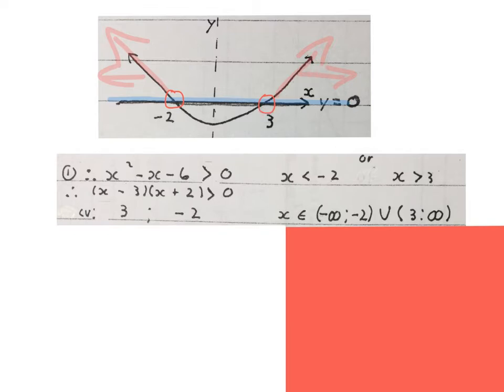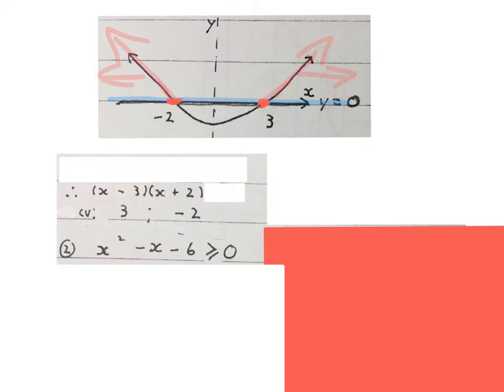So we want the part above this line where y is equal to 0. Like we said, because there is no equal, we will not put an equal in our answer, exclude the critical values and only use the values on the right hand side of 3 and on the left hand side of minus 2, which we'll write in one of these two techniques.